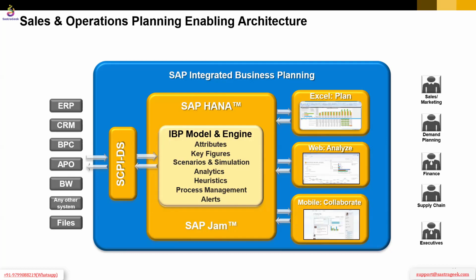So yes, there are fundamental differences from the usage perspective, although at concept level it looks the same. Even within IBP, sometimes the financial sub-processes also have an integrated business planning concept, but it's more from the revenue planning perspective, not from the supply chain planning perspective. That's how it is different, as per my understanding. Okay, yeah, that's a very valid answer. I hope it answered Praveen's question.